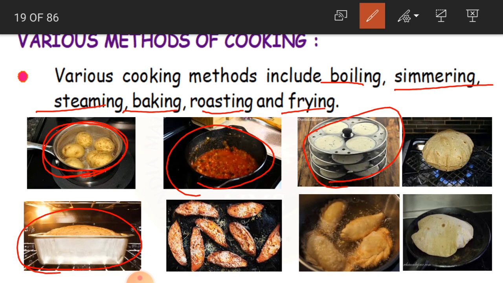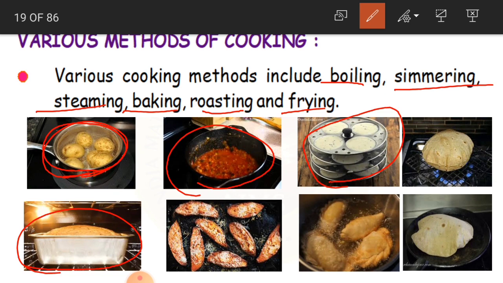The baking method was also there in previous days, when we used coal and normal fire. It is not that only electrical supply is needed. The method is baking. You can prepare it on the stove, on the coal, anywhere, not only in the oven.